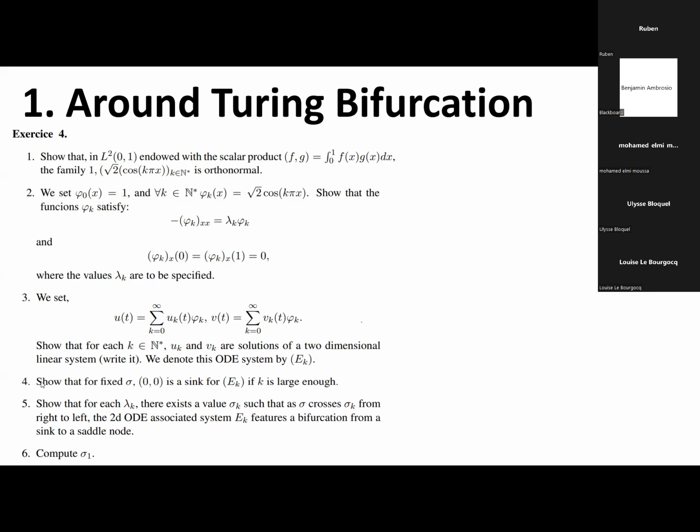So now we proved that for fixed sigma, 0, 0 is a sink for our system Ek if k is large enough.